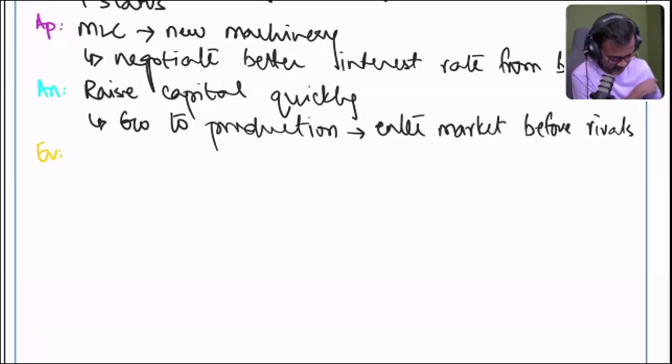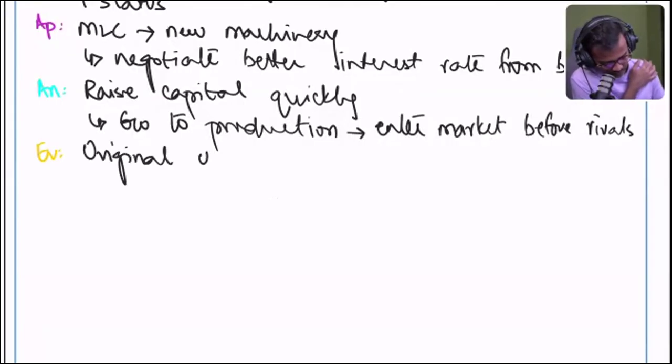Okay. So evaluation, what I'm saying is that look, you can raise large sums of capital, you can do this quickly, you can negotiate better rates. However, what happens is that when you become a public limited company, the original owners lose control.